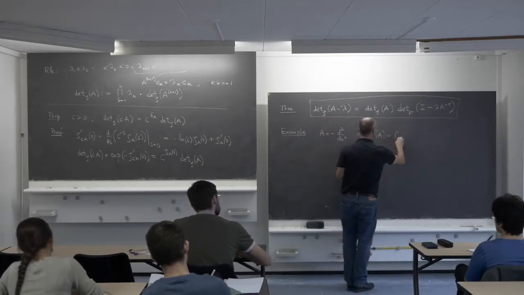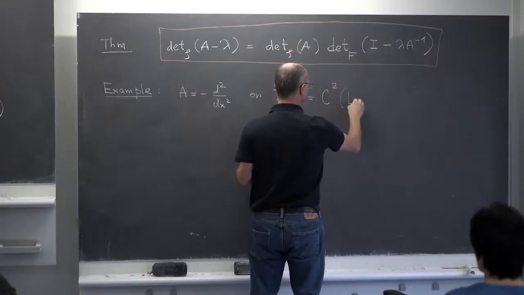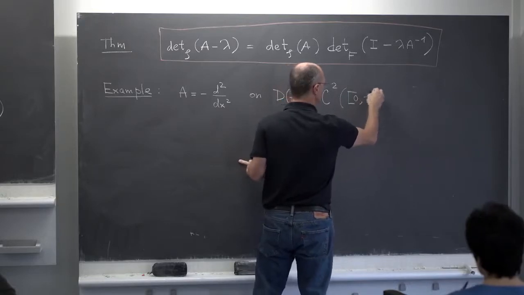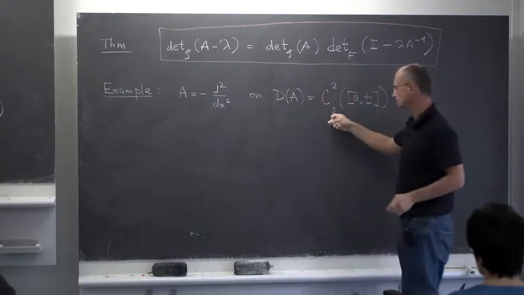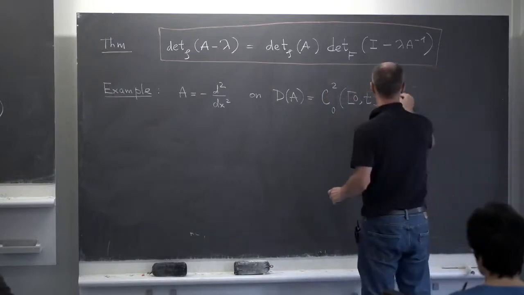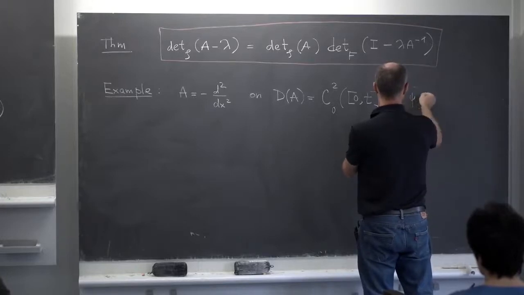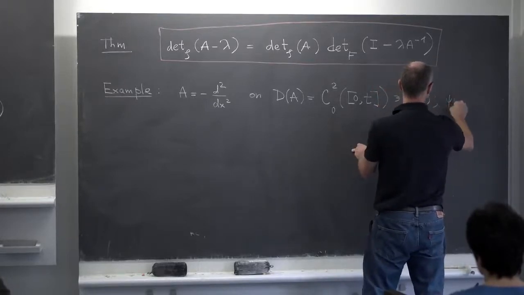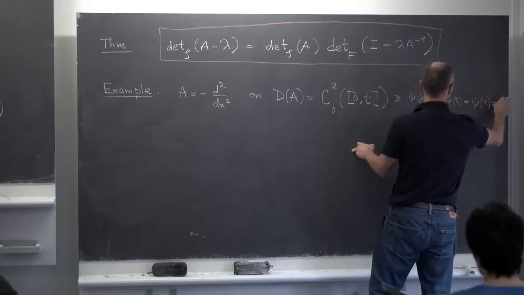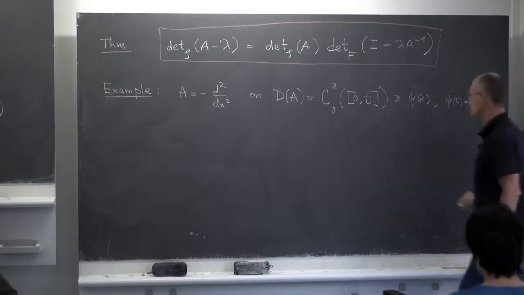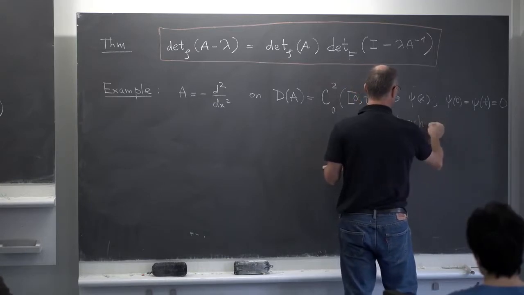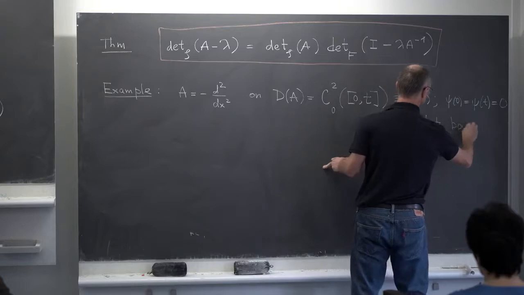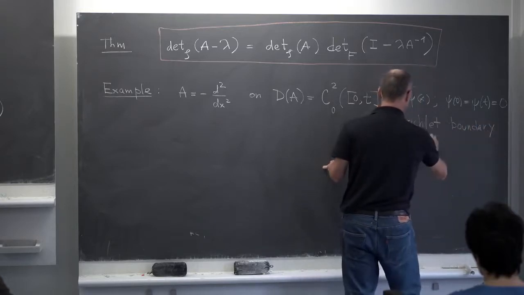And as a domain, I'll take C2 functions on the segment of length t, with the condition that psi of 0 is equal to psi of t is equal to 0, usually called Dirichlet boundary conditions.